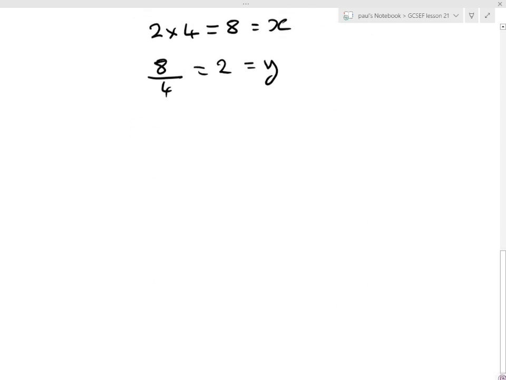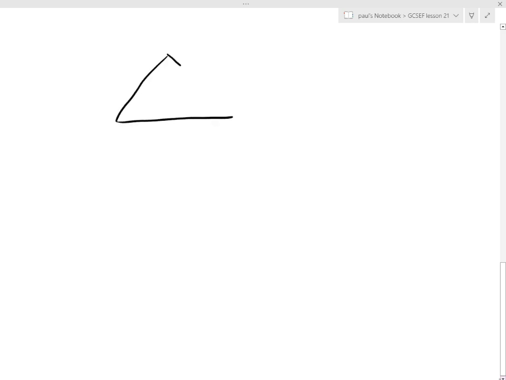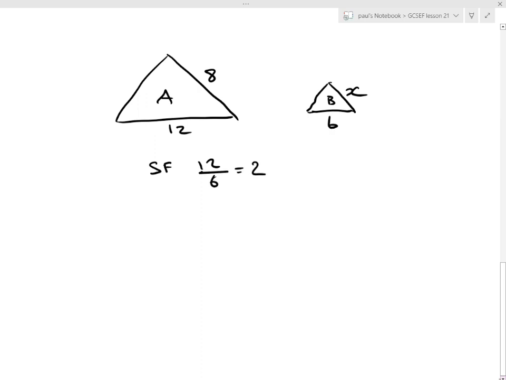Most often the shapes are triangles, so let's do a triangle. Let's have a big triangle this time and a small triangle. So triangles A and B. If we have 12, 6, 8 and X, the scale factor will be 12 divided by 6, which equals 2.